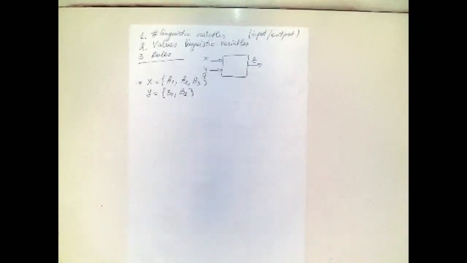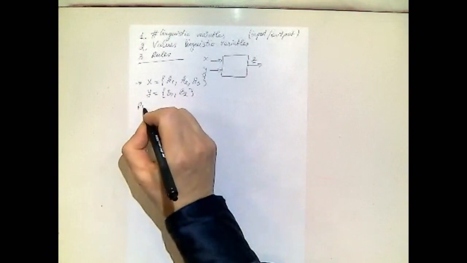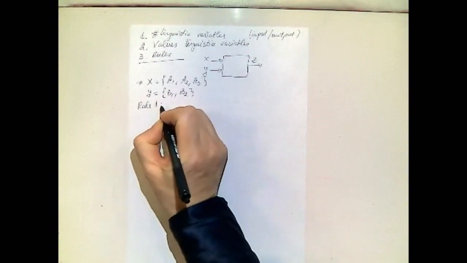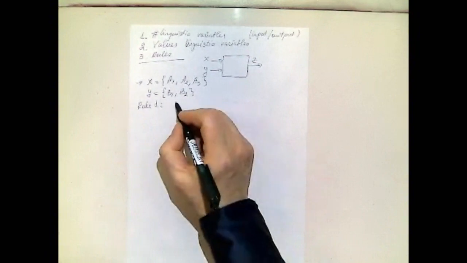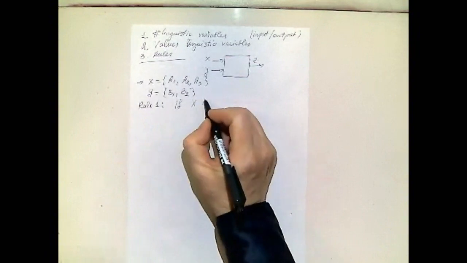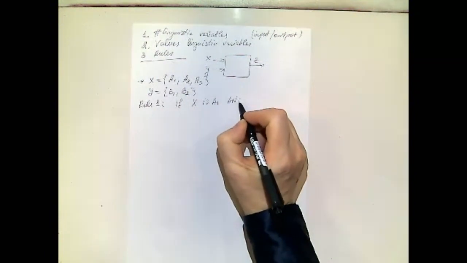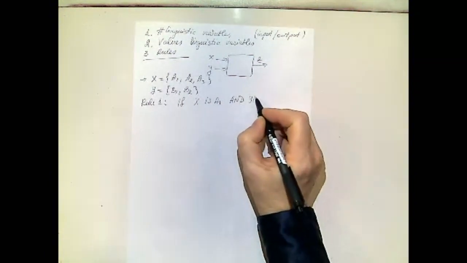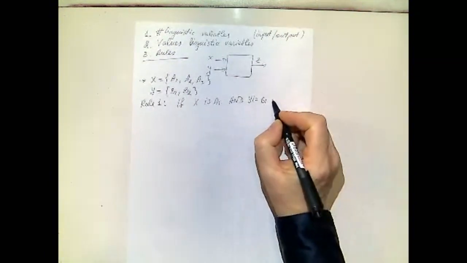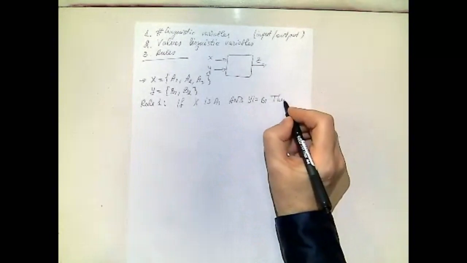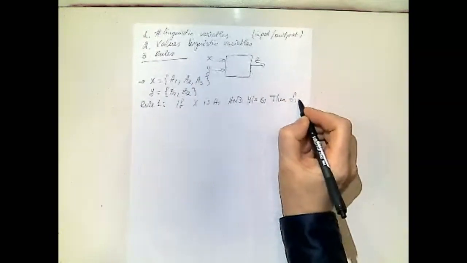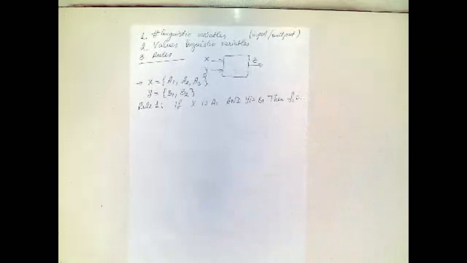After that we have rules. Let's say that we have 3 rules. Rule 1: if X is A1 and Y is B1, then our function 1.